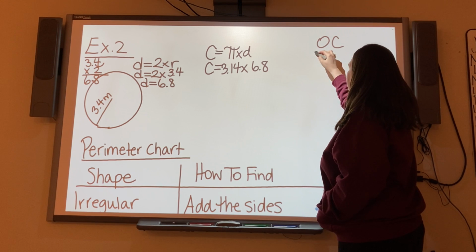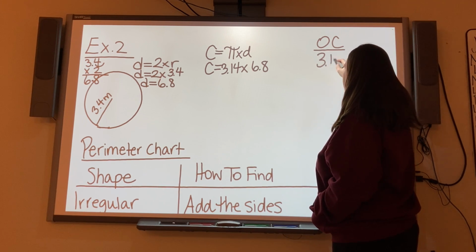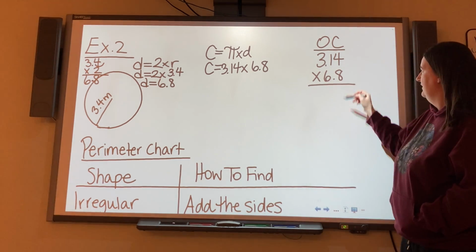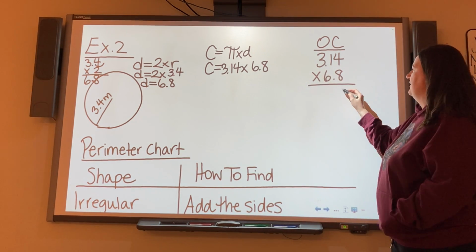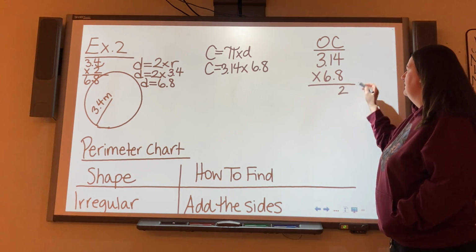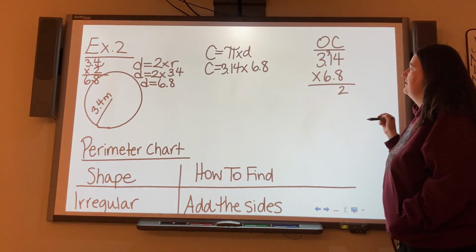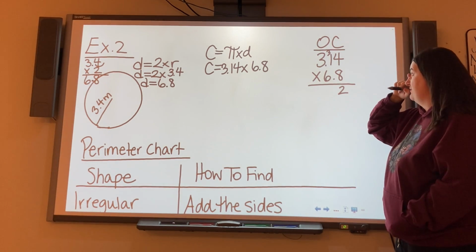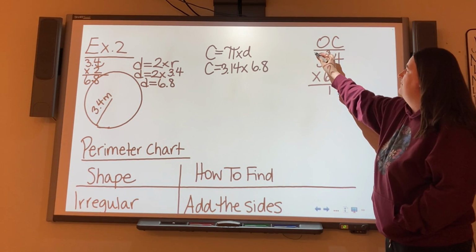Outside calculation, 3.14 times 6.8. So you times them up together. 8 times 4 is 32. Put your 2, carry your 3. 8 times 1 is 8, plus the 3 that you carried is 11.